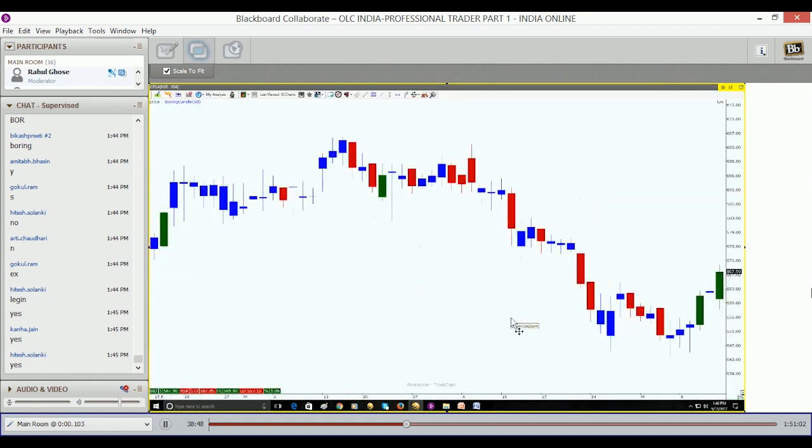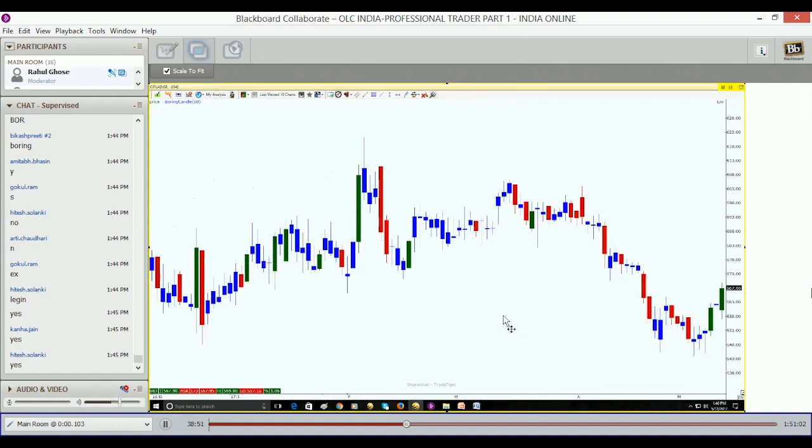Okay. I want you guys to mark a demand zone on the daily chart of Cipla. Open up your Trade Tigers, friends, and I want you to mark a daily demand zone on Cipla. Yes, open up your Trade Tigers. I shall monitor. Once you guys have completed, let me know and I'll have a look at the zone.